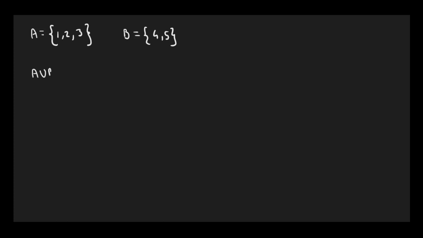So A union B is going to be the new set that contains all the unique elements from A and from B. So what are all the unique elements from A and B? In this case, it turns out to be 1, 2, and 3 from the set A, and 4, 5 from the set B.